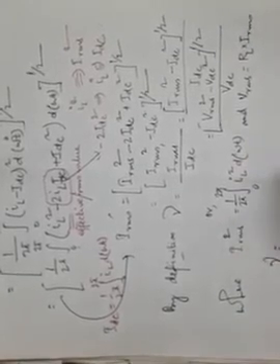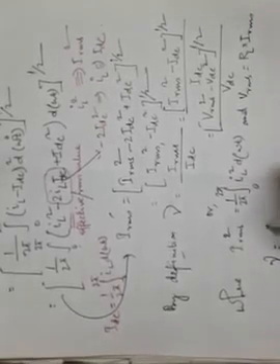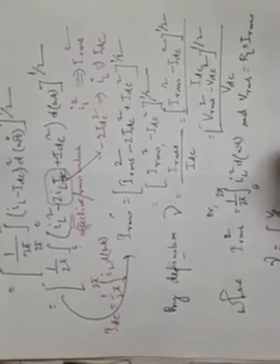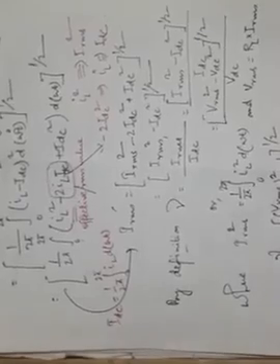Now, so the gamma should be VRMS by VDC whole square minus 1 whole to the power half. So this is my expression for ripple factor.